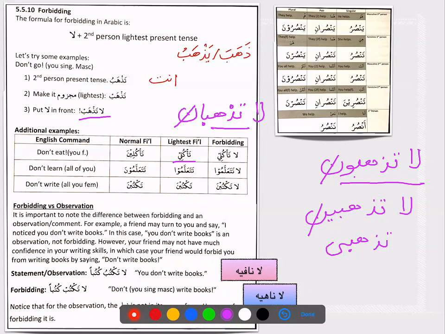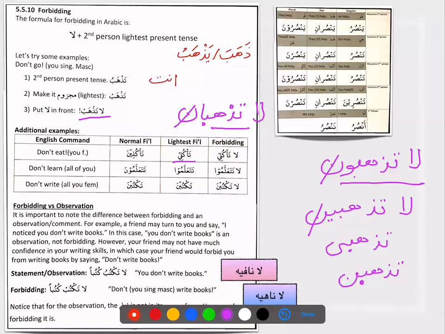Then we have antuma, the same thing happens, so it will be tazhaba. And then antuna does not get majzoom, right? Hunna and antuna do not get majzoom, they don't change. So it remains the same. Our antuna was tazhabna.